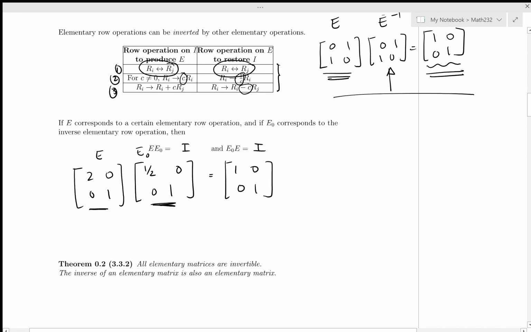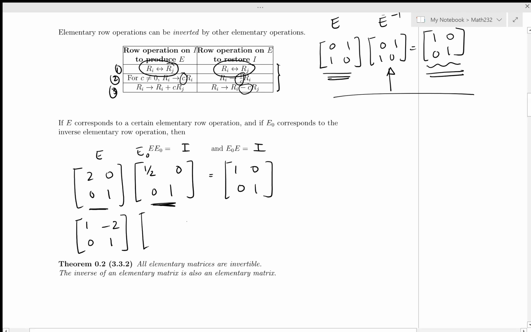Let's just do another example. Here's a matrix E. This matrix is the elementary row operation of taking the first row and subtracting from the first row minus 2 times the second row.